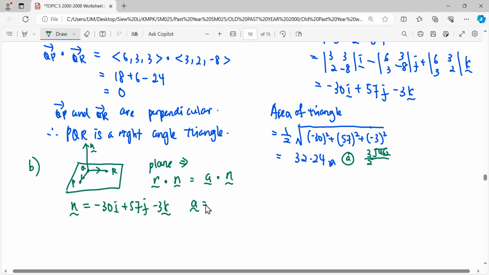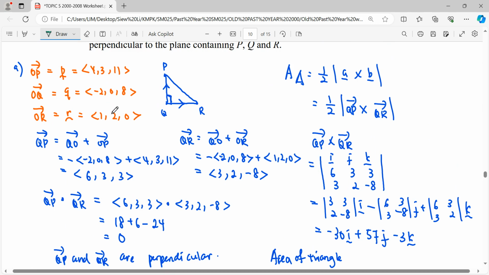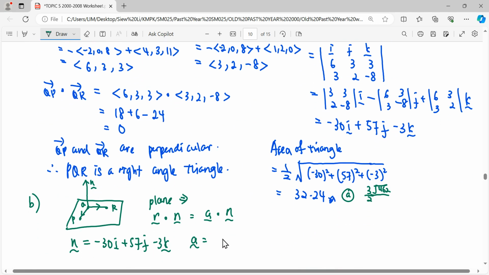Then vector a here represents the position vector of any point in the plane. So we can use point P, or point Q, or point R. Any position, so we just pick one. I will pick the easiest calculation, which is point R, (1, 2, 0).